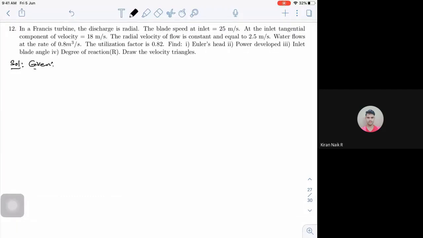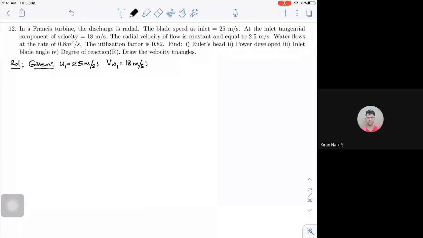So they have given the blade velocity at the inlet, that is u1 is equal to 25 meters per second, and the tangential velocity at the inlet is vw1, which is 18 meters per second. The radial component of velocity is constant, that is vf.